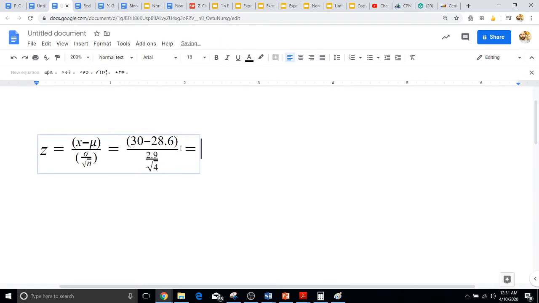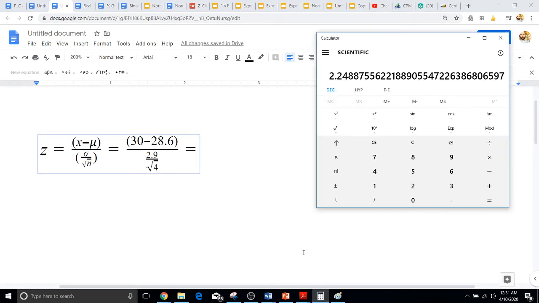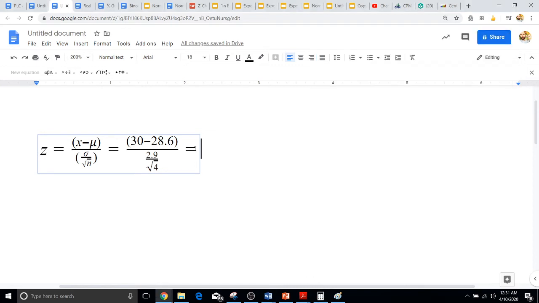Okay, well, if we move on with that, we know that 30 minus 28.6, well, actually, I don't know what that is, so I can find out real fast. 30 minus 28.6 gives us 1.4. So we can go ahead and write 1.4 as our numerator.